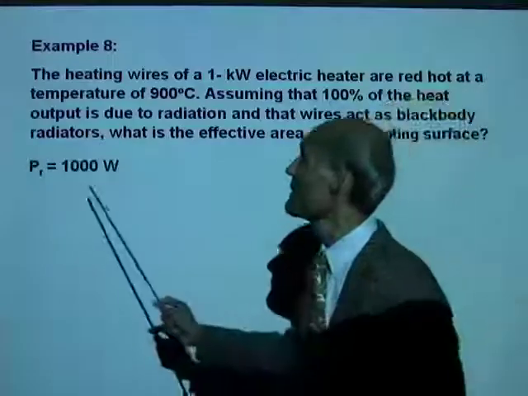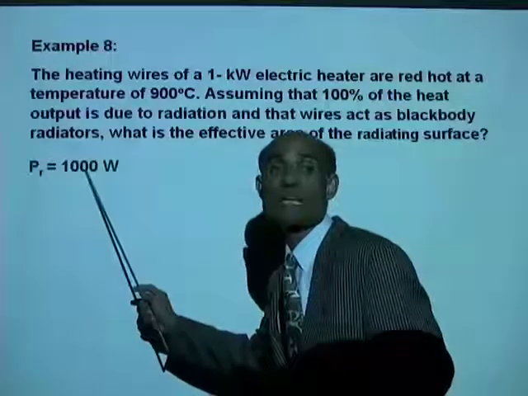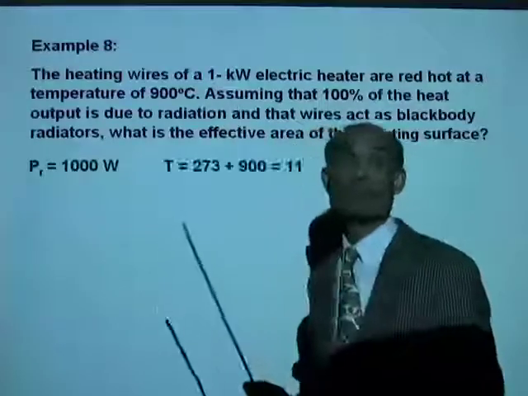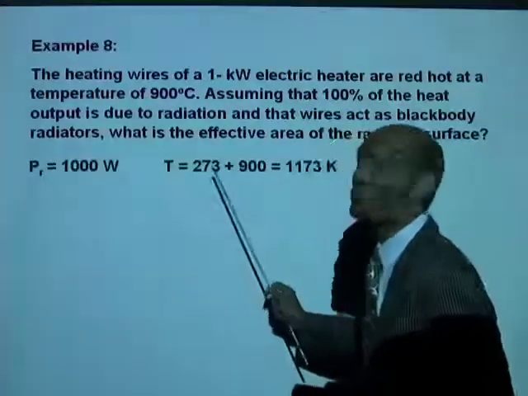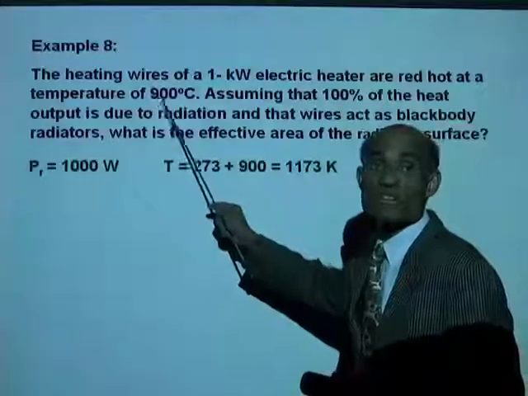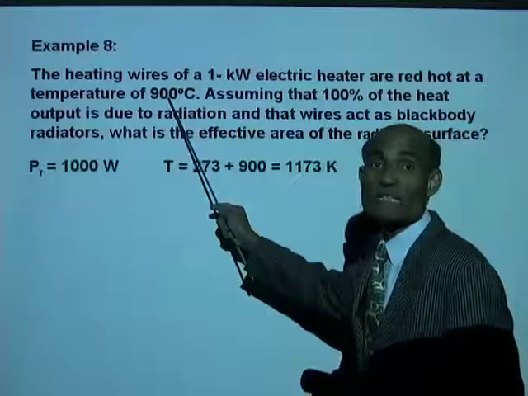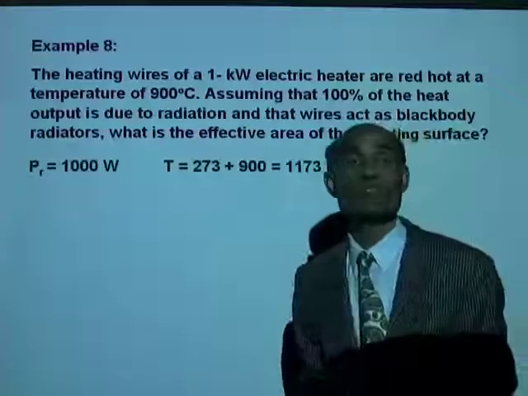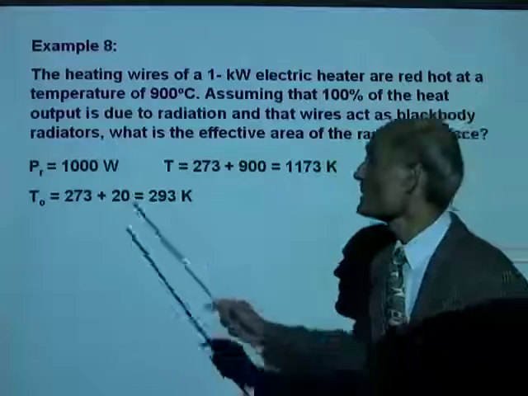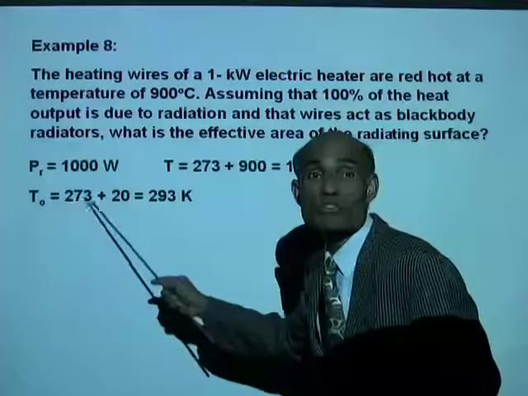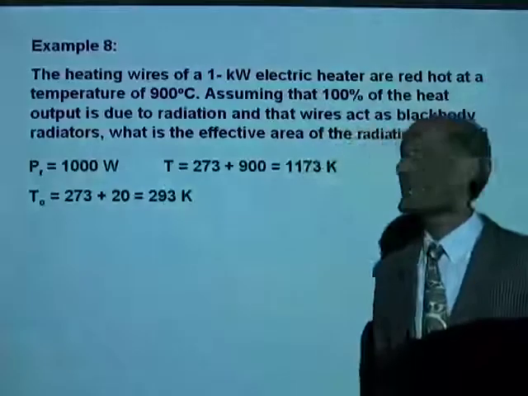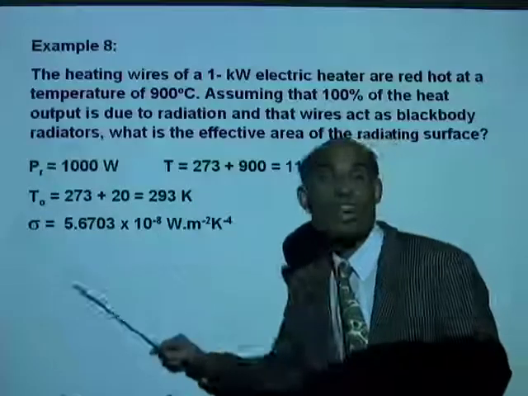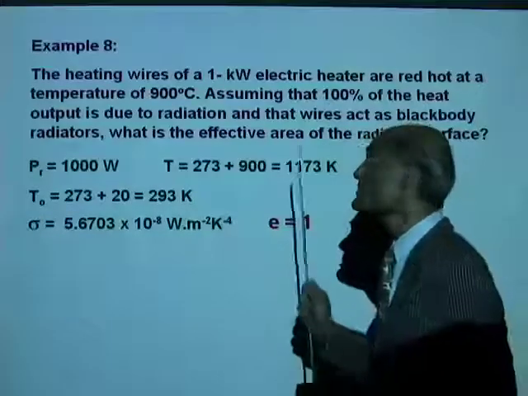Let's pick our data. The power radiated P sub R is 1000 watt, 1 kilowatt. The temperature of the radiating object, that is the hot heater, is 273 plus 900, 1173 Kelvin. The temperature of the surroundings is 293 Kelvin. Sigma we know, the Stefan's constant, and E is given to be 1.